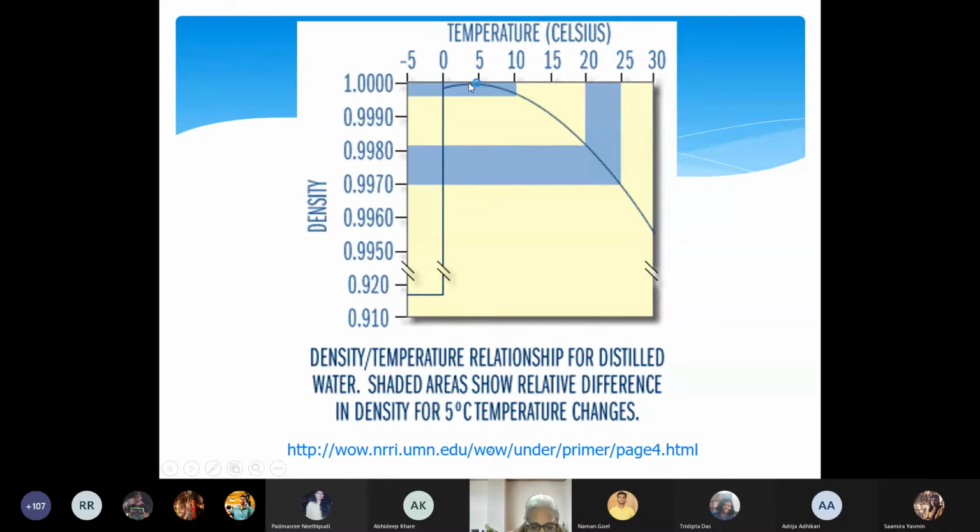But what are the implications of this, especially in temperate and Arctic regions? Arctic, Antarctic, all these regions. The first thing that you probably know from ecology is that ice forms a blanket at 0 degrees, and the water below that is 4 degrees centigrade.